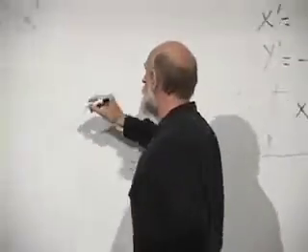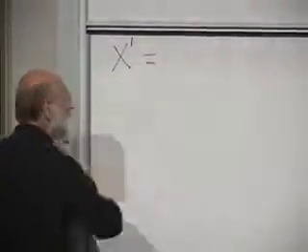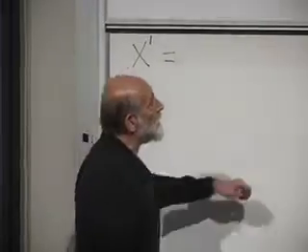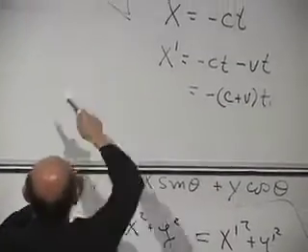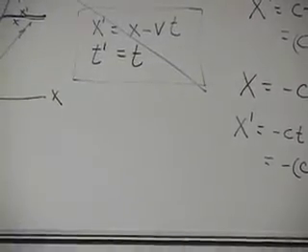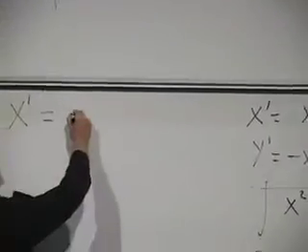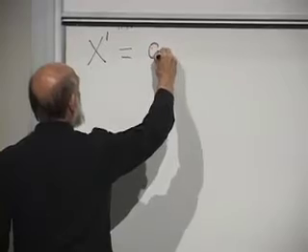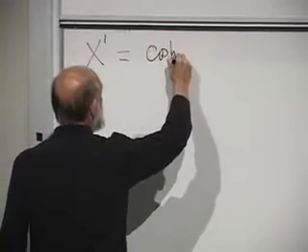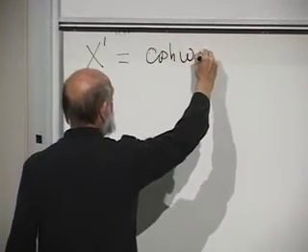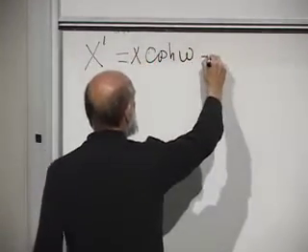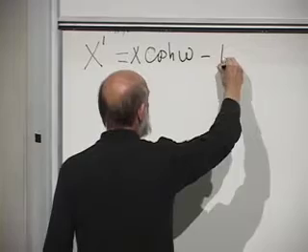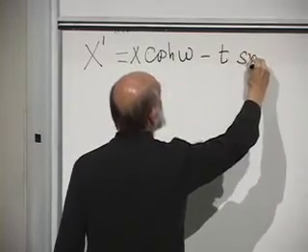And I'm going to guess that it's some combination of x and t. Not too different, but not the same as x prime equals x minus vt. I'm going to try x cosh omega minus t sinh omega.